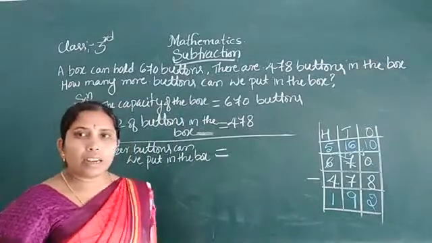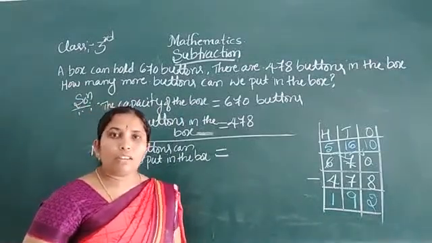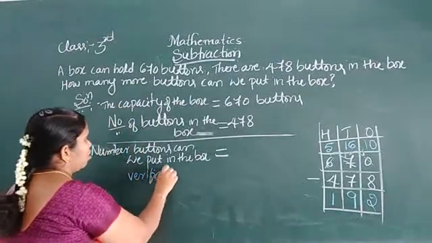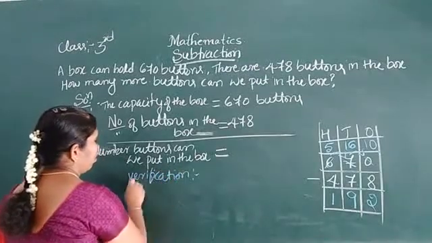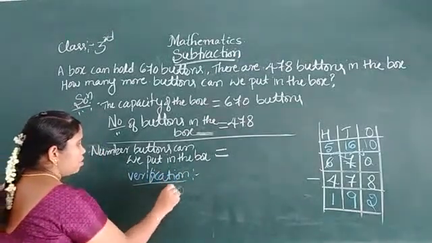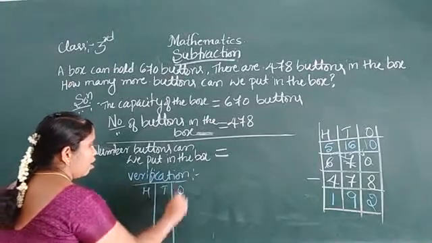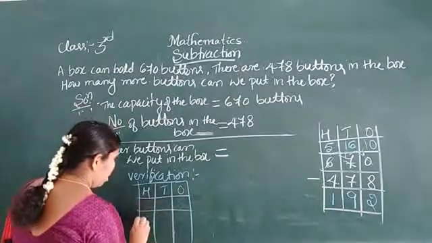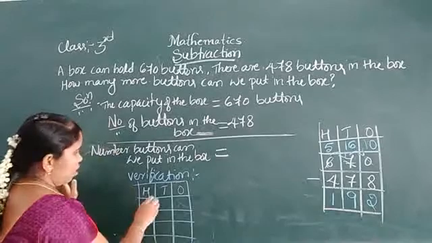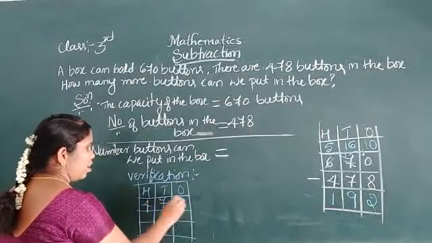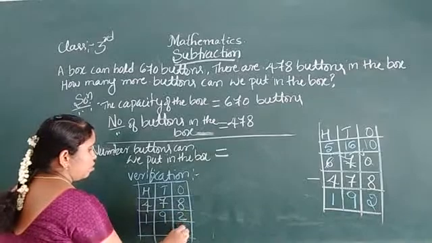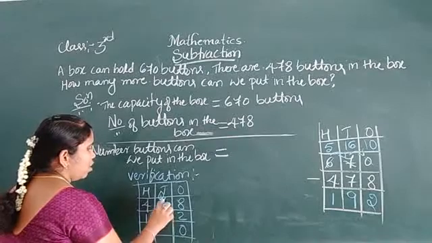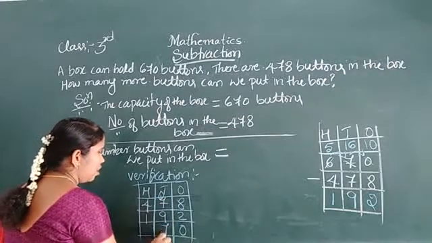So is it correct or wrong? We don't know that. Do verification. Now observe ones, tens, hundred. Now add the subtrahend and difference: 478 and 192. 8 plus 2, 10, carry 1. 9 plus 7, 16 plus 1, 17, carry 1.